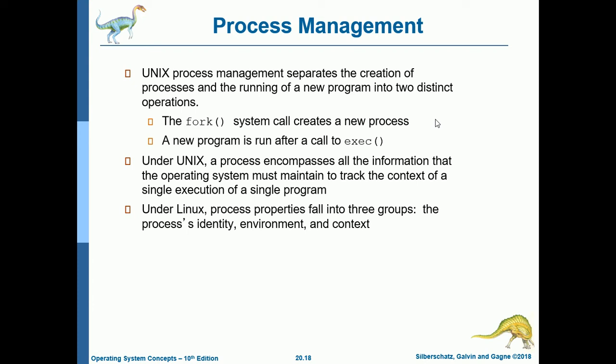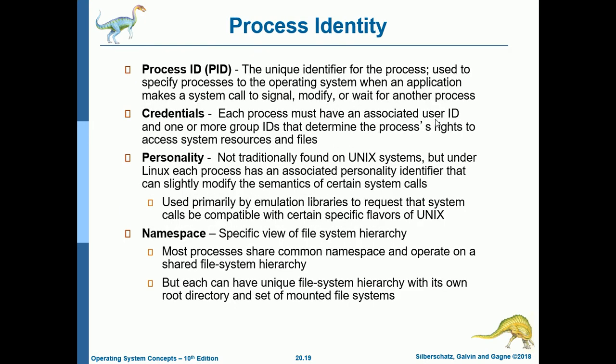On the other hand, under Linux, process properties fall into three groups: the process's identity, the environment, and the context. First we have process identity. The process ID, or the PID, is a unique identifier for the process.